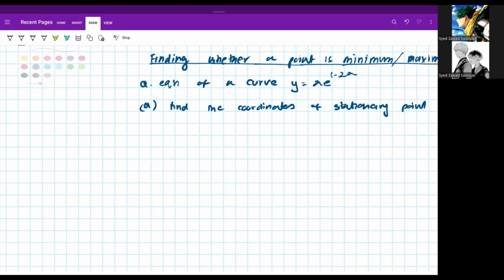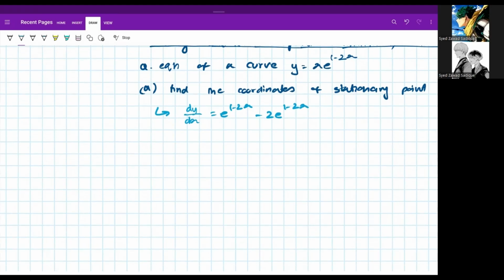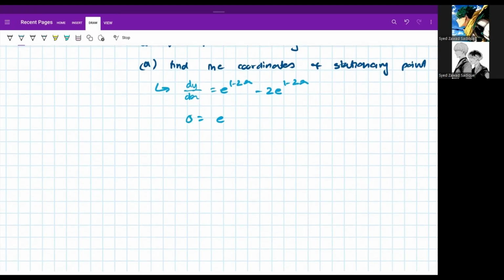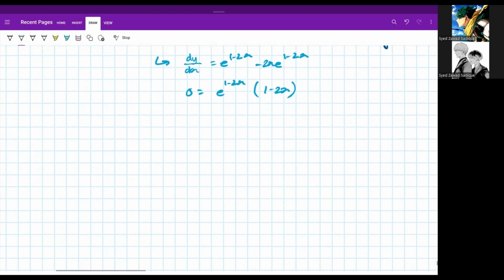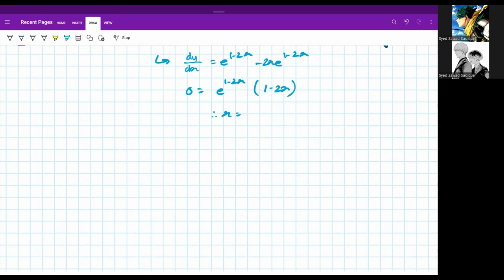So most people solve this very easily. They find dy by dx, which is e to the power 1 minus 2x minus 2x e to the power 1 minus 2x. Then equating this to 0, 1 minus 2x. Therefore, x is equals to half, y is equals to a half.